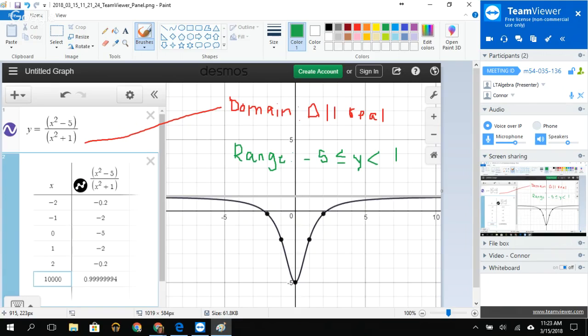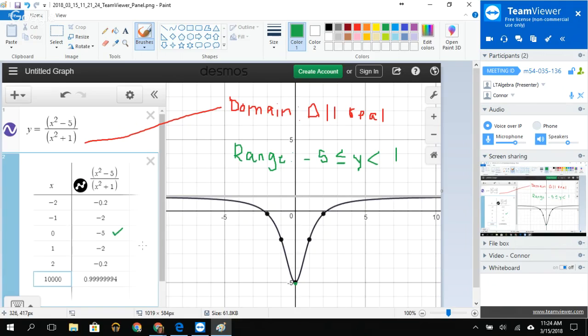Okay? And so my values of y have to be greater than or equal to -5. So that's this point here. And we verified with our table that when x equals 0, y can equal -5. Right? So that is true. That's why we have this equal to part of our equation.